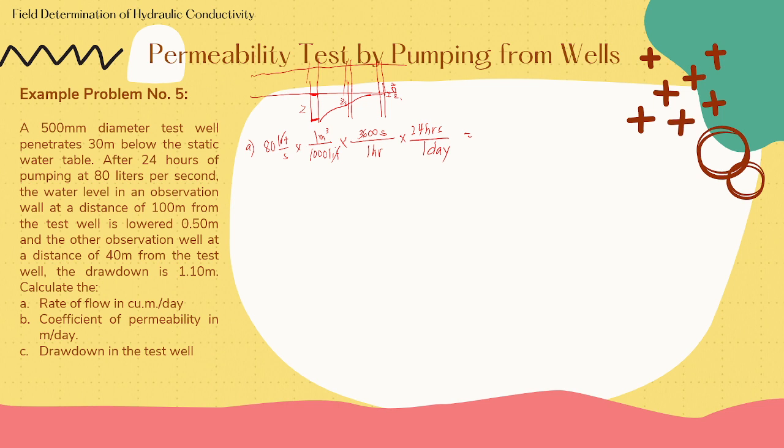So we can cancel seconds and hour, and we get 6,912 cubic meters per day.